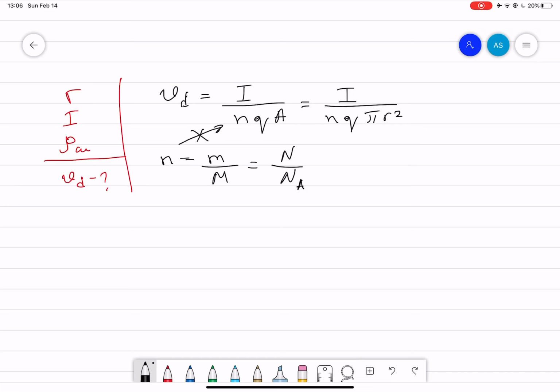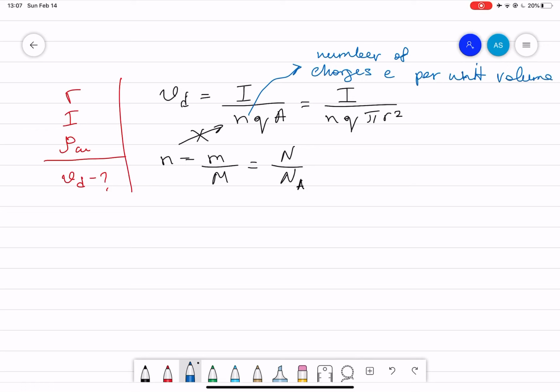Because this small n is basically the number of charges per unit volume. So this is a different n.